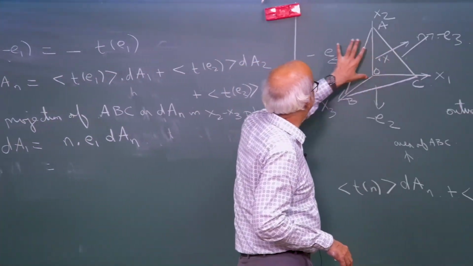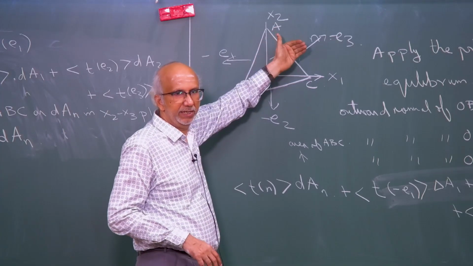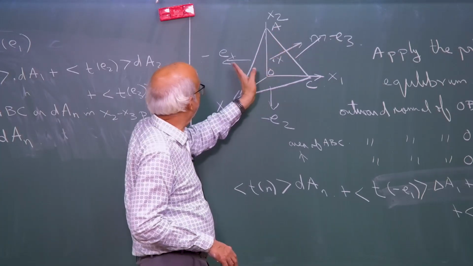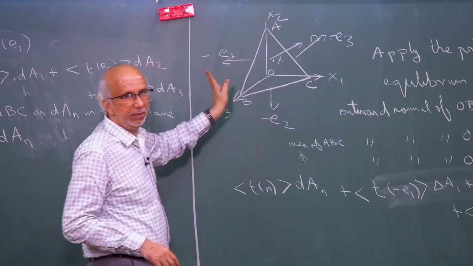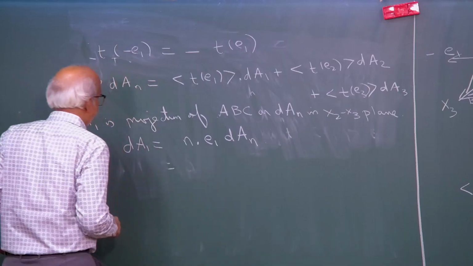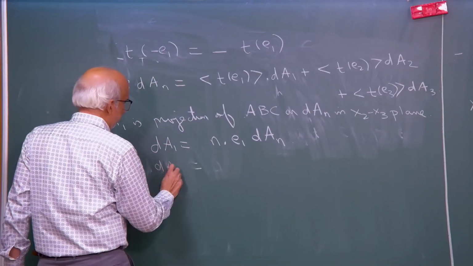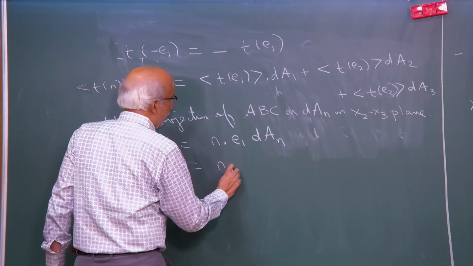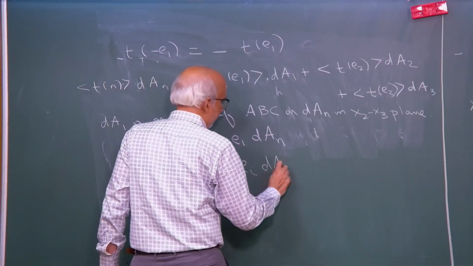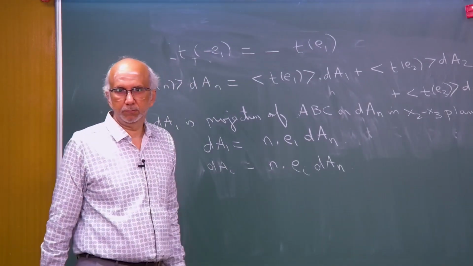When I am projecting it, the outward normal here is in the minus E1 direction. So, that is basically what it is. I can do the same thing for the others, so dAi is n dot Ei dA n.